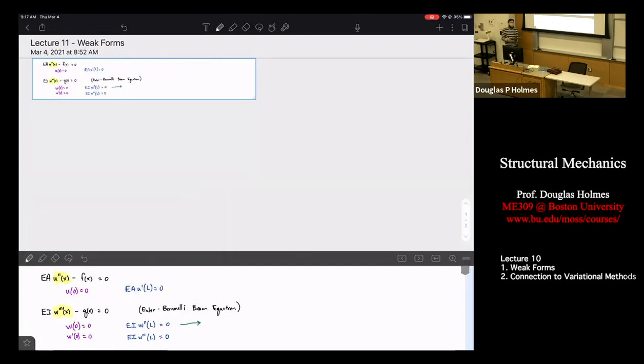Let me remind you of our constitutive relationship for bending, which says that EI times curvature equals our moment.